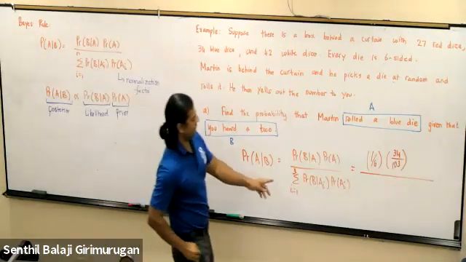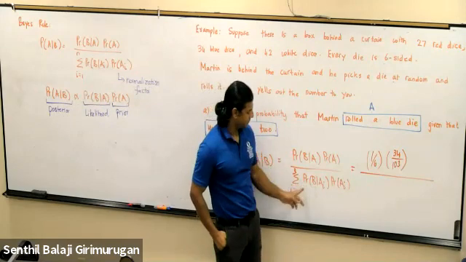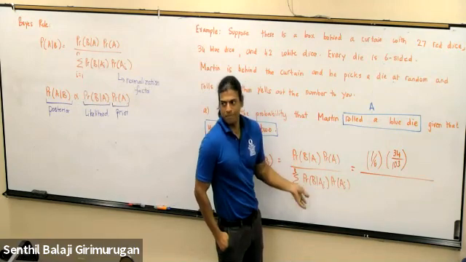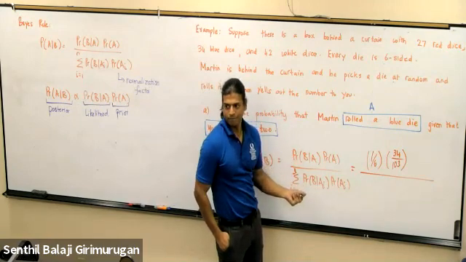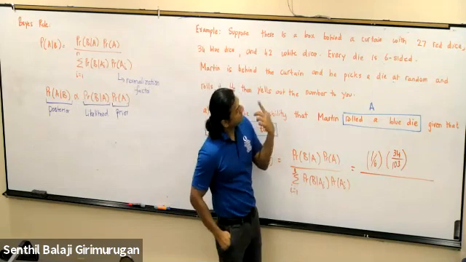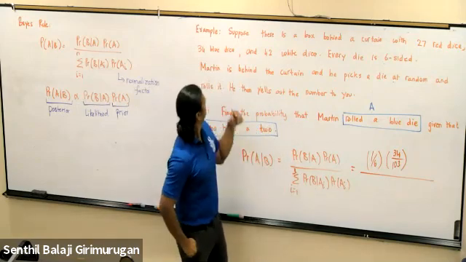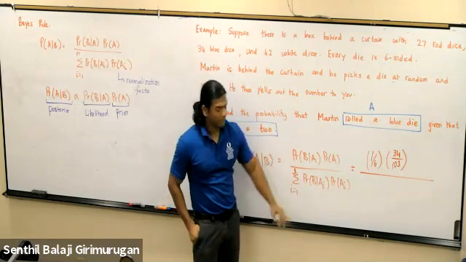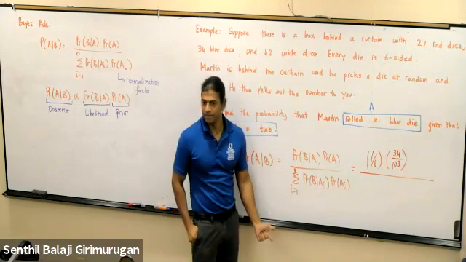Would this matter, given A_i? Would it matter? It doesn't matter whether Martin rolls a red die, blue die, or a white die. It really doesn't matter. It's always going to be 1/6.